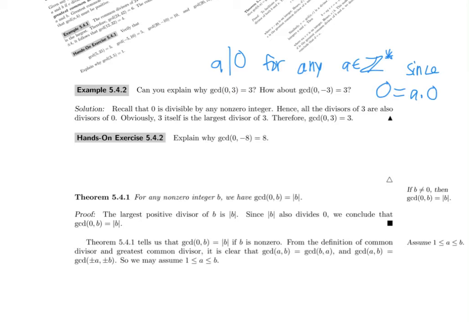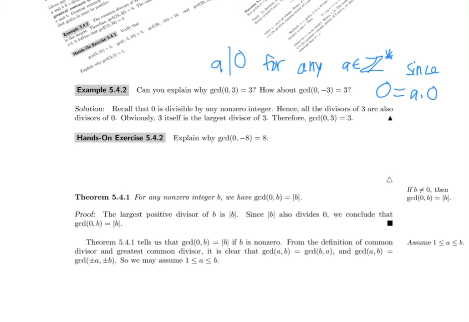Well, the common divisors are going to be all the factors of 3. And what's the biggest factor of 3? Well, it's 3. What's the biggest factor of any number? It's going to be itself, as long as it's positive. If it's a negative number, then the biggest factor would be the absolute value of that actual number. And that explains also why the greatest common divisor of 0 and negative 3 is also going to be 3.